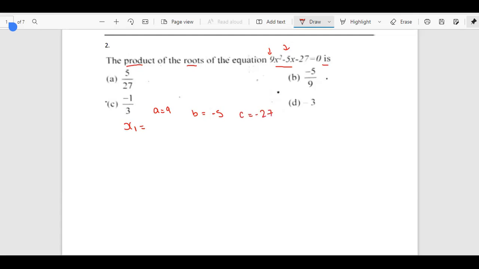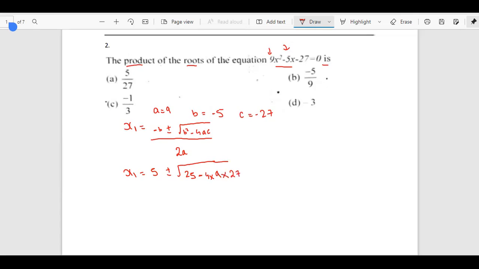Now, the formula is minus b plus minus under root b square minus 4ac, whole divided by 2a. If I quickly plug in the values for x1, I'm going to get 5 plus minus under root 5 square, which is 25, minus 4 into 9 into 27.